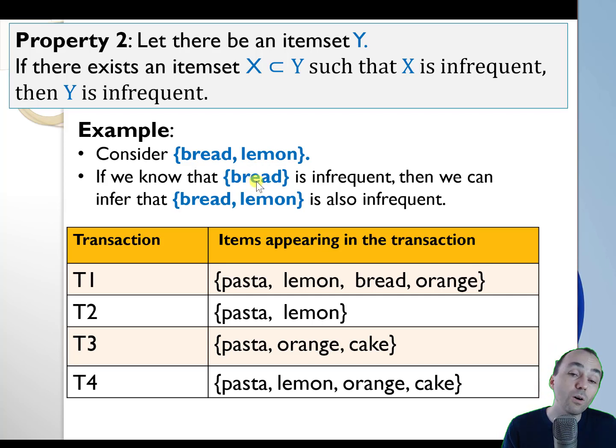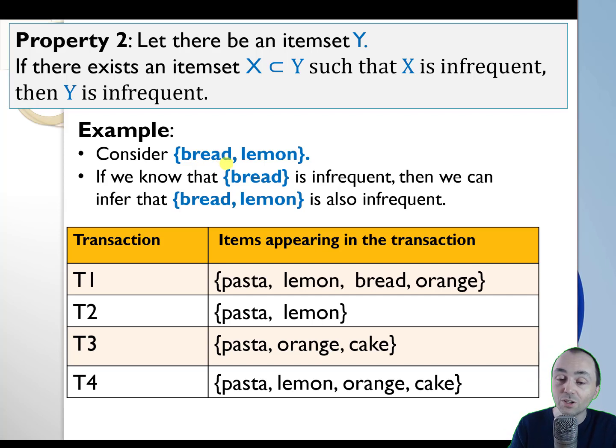If bread appears only 1 time, it is impossible that bread and lemon appear more than 1 time. So if bread is infrequent, of course bread and lemon is infrequent, or bread, lemon, orange, and so on. This is a simple property, but it is used by almost all the frequent item set mining algorithms.